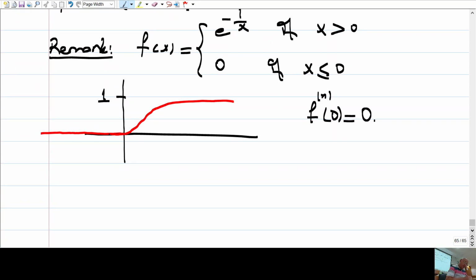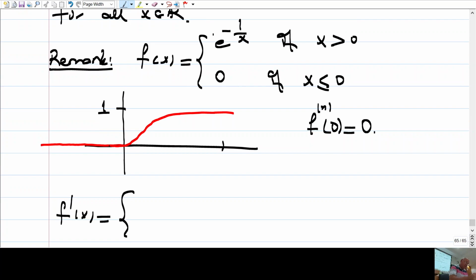For example, let's see the first derivative. What is f prime x? Well, if x is positive, somewhere here, then the function is this. So what is the derivative of this? It is just 1 over x squared e to the power minus 1 over x, right?